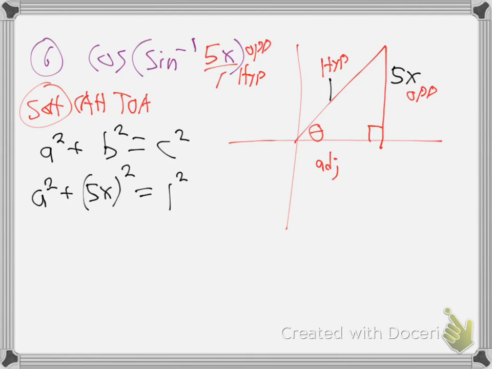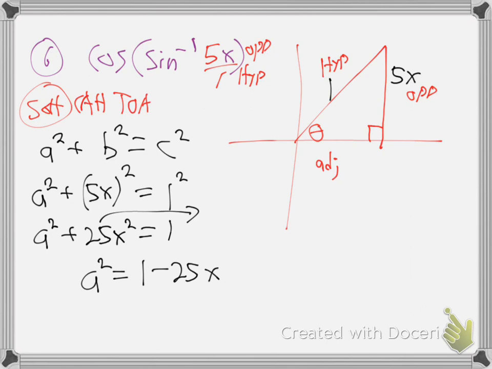A squared plus 5x squared is 1 squared. So it's a squared plus 25x squared is 1. Is that okay? You're squaring the whole 5x, huh? And then just jump that over. Can I just skip a step here? 1 minus 25x squared, and then root it. There it is. So the adjacent side is the square root of 1 minus 25x squared.